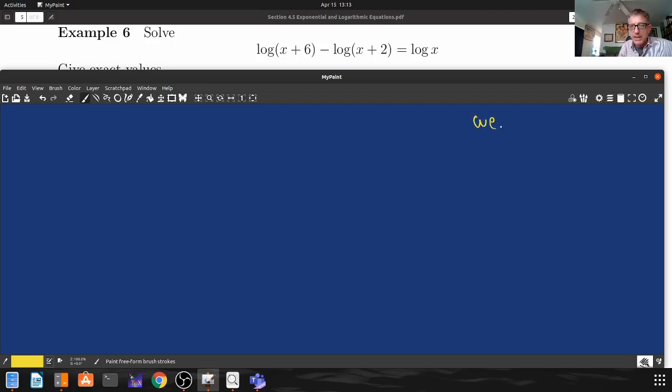So we need x plus 6 to be greater than 0 and x plus 2 to be greater than 0. The solution to x plus 6 greater than 0 is x greater than minus 6, and x has to be greater than minus 2. I said minus 2 and wrote minus 6.